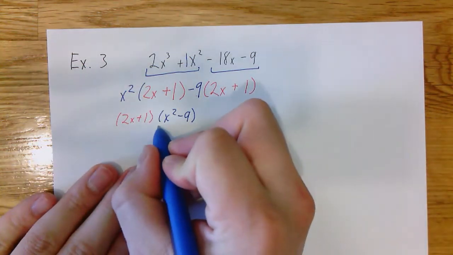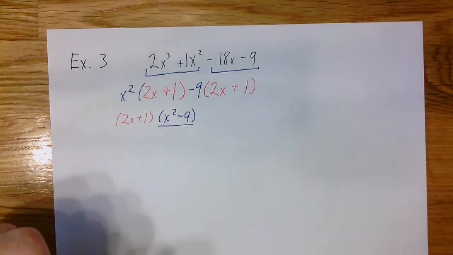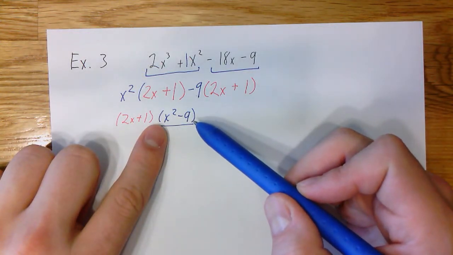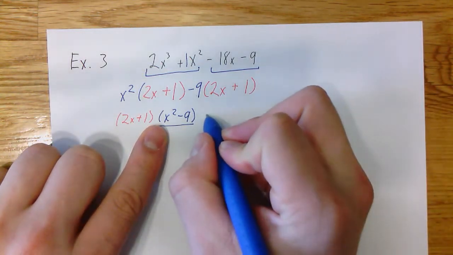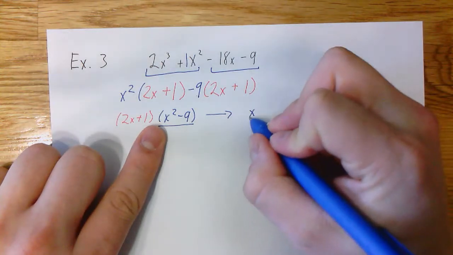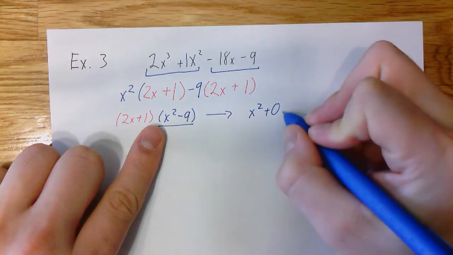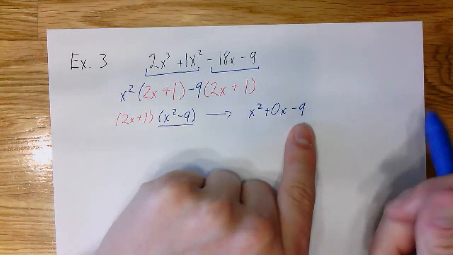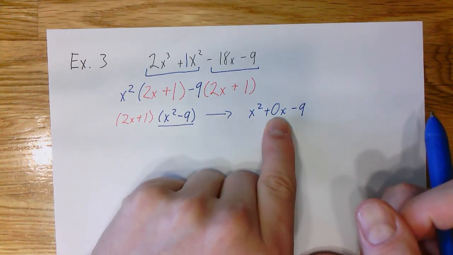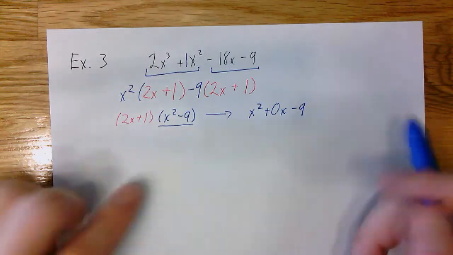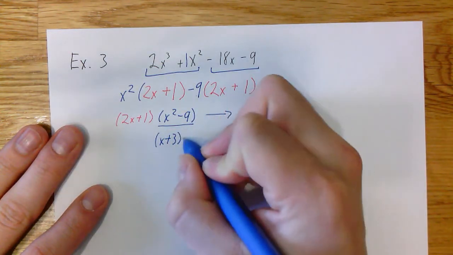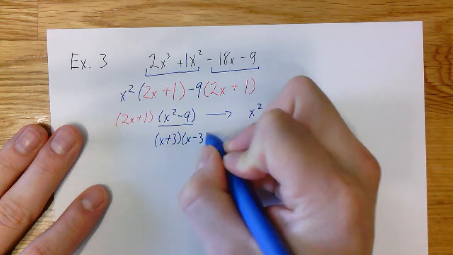But this blue one is a special type of factoring that we saw in the last video. This is a difference of squares. So we can treat this thing like x squared plus 0x minus 9. So we need two numbers that multiply to negative 9 and add up to 0. So this thing is going to factor to x plus 3 and x minus 3.